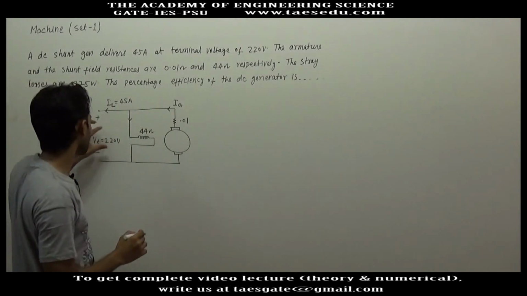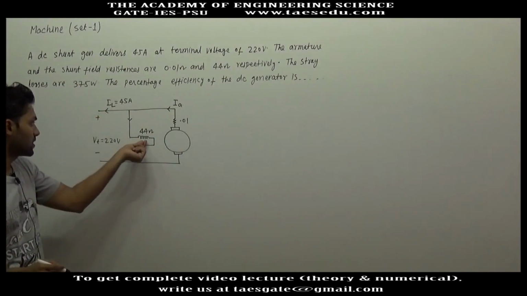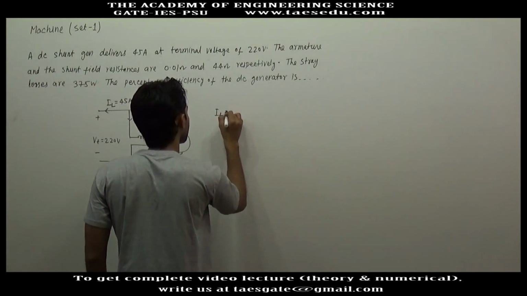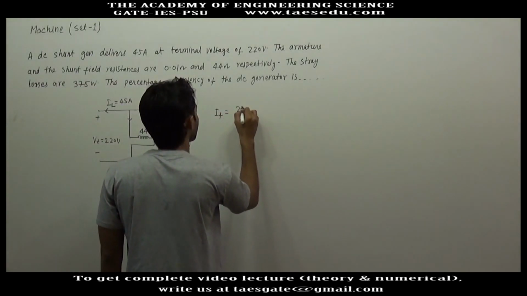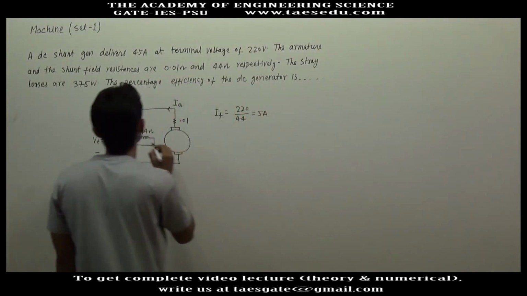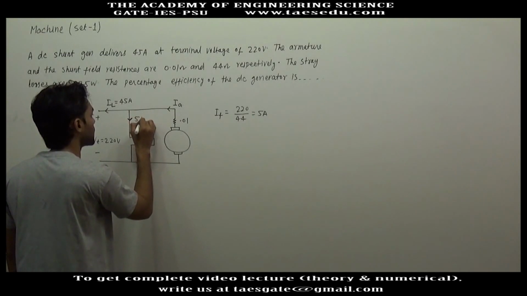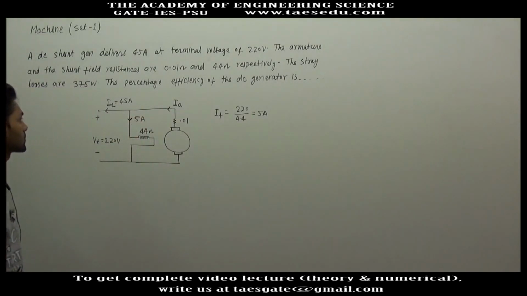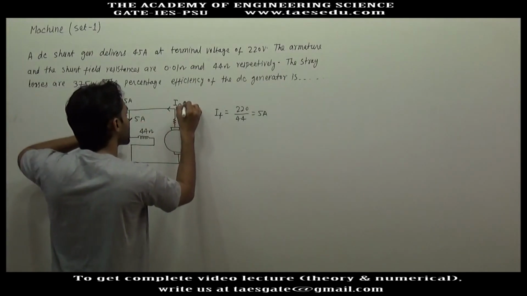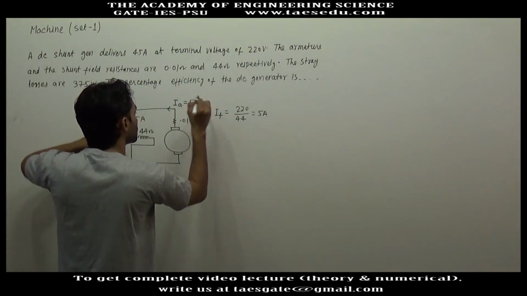Field current will be this voltage divided by the resistance of the field winding. Field current will be 220 volt divided by 44, this will be 5 ampere. This current is 5 ampere. Load current is 45, field current is 5, so armature current will be 50 ampere.